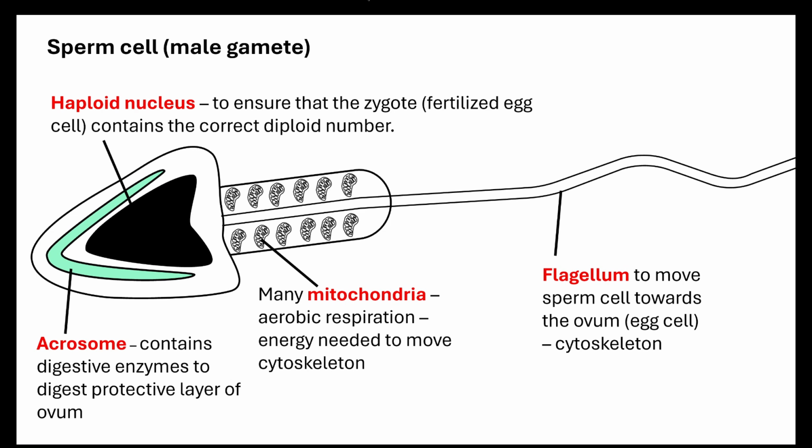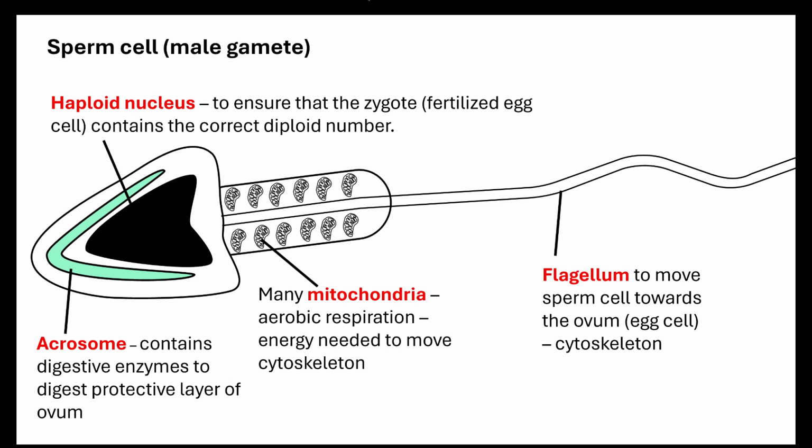Now, it is important to note that we only ever want one sperm cell nucleus to fuse with the female nucleus, and therefore, by having this process of digestive enzymes needed to break that protective layer down, it means that only the sperm cell that's able to do that in the quickest amount of time is going to be the most successful at fertilizing that egg cell.